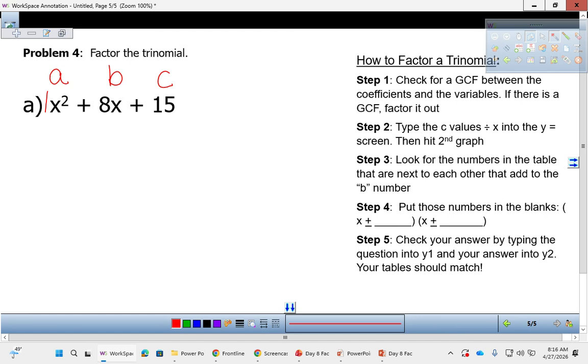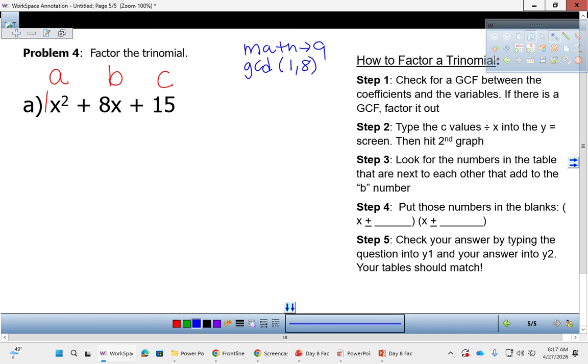Step 1, check for a GCF between the coefficients and variables. If there is one, factor it out. You can do that in your head, or you can use math, arrow to the right, 9. You could do the GCD of the leading coefficient and the second term, because I can only do two terms at a time. So I want to check for a GCF between 1 and 8.